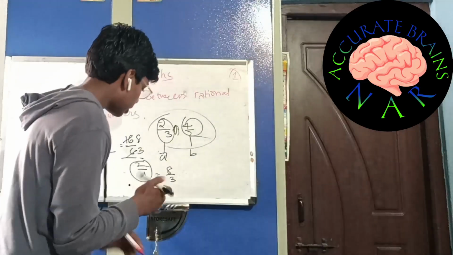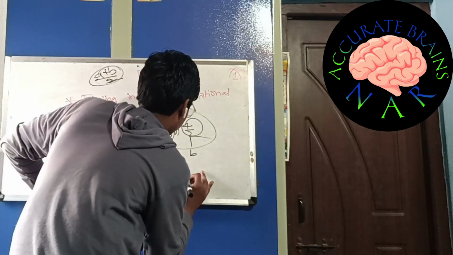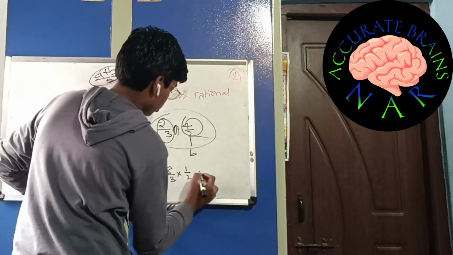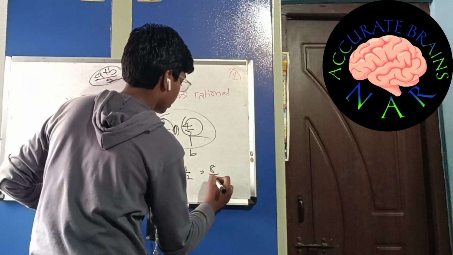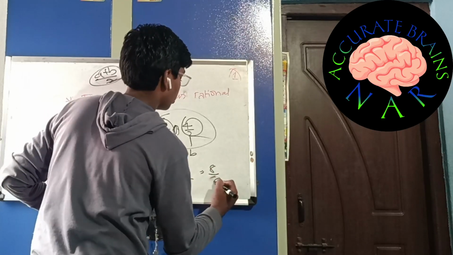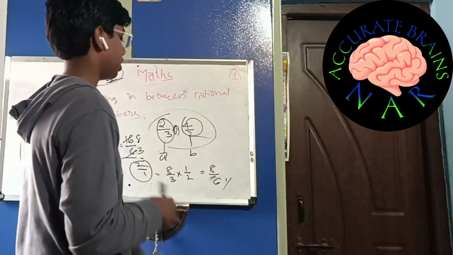So 8 by 3 multiplied by 1 by 2: 8 ones are 8, and the denominator 3 into 2 is 6. We got the in between rational number between these two numbers.